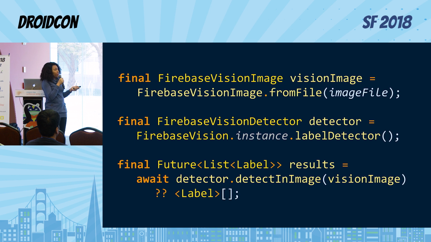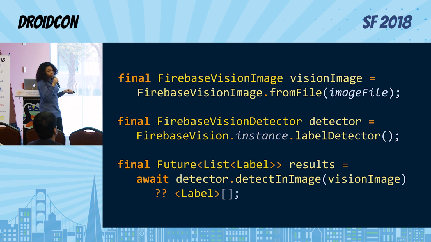What I'm doing here is I already have read an image file, and then I'm reading that image from the file, and I'm using my Firebase vision library to detect the labels. So I'm using the label detector to detect the labels in the image, and since it's an asynchronous call, I'm going to await the results of the Firebase vision image.